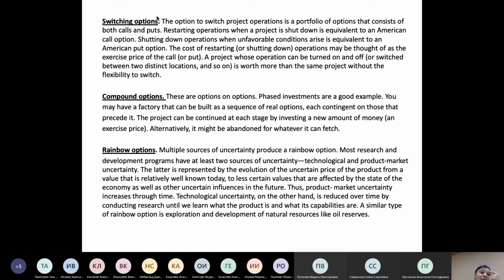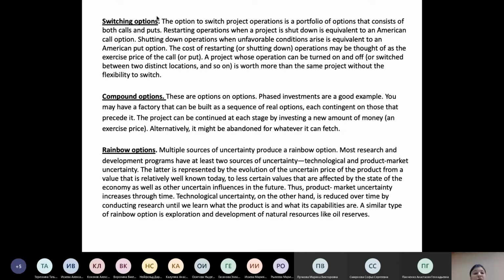And the rainbow option is a kind of compound option, and according to this option, we have the following opportunity. First of all, multiple sources of uncertainty produce a rainbow option, and the scientific step will be continued by the production stage in our investment project.